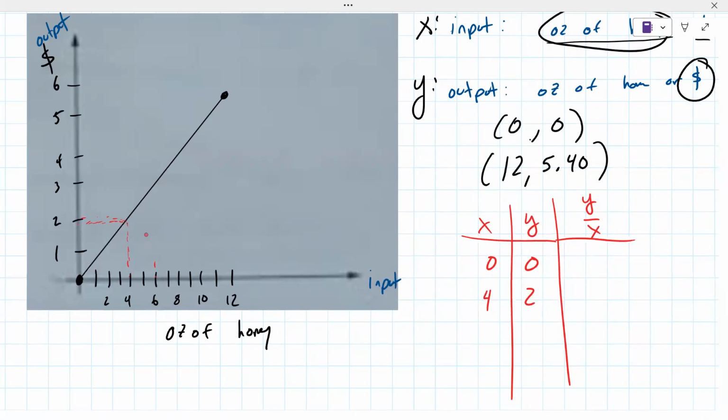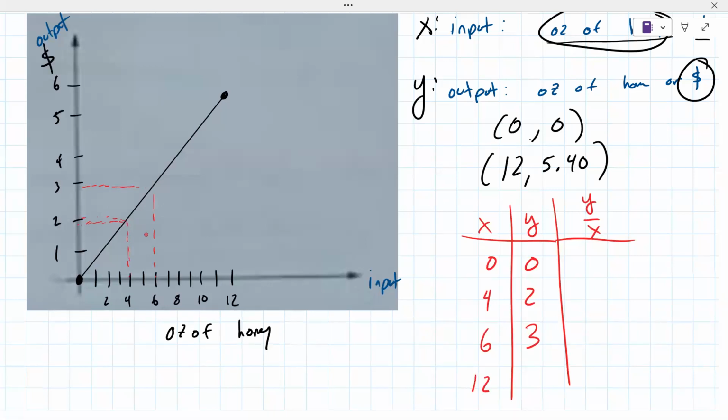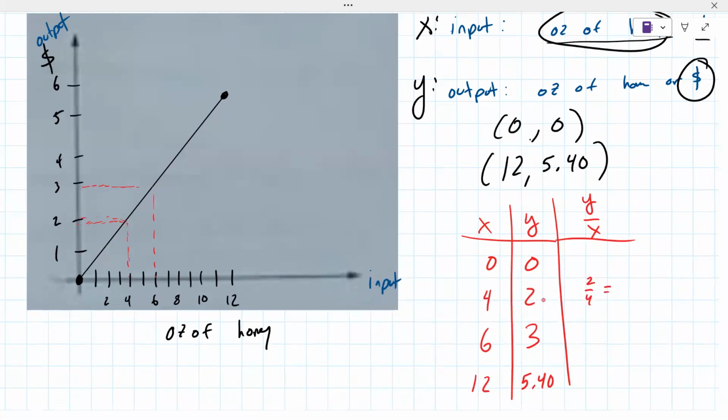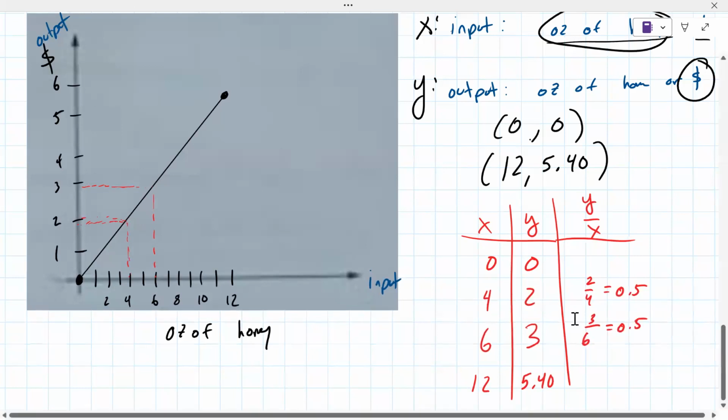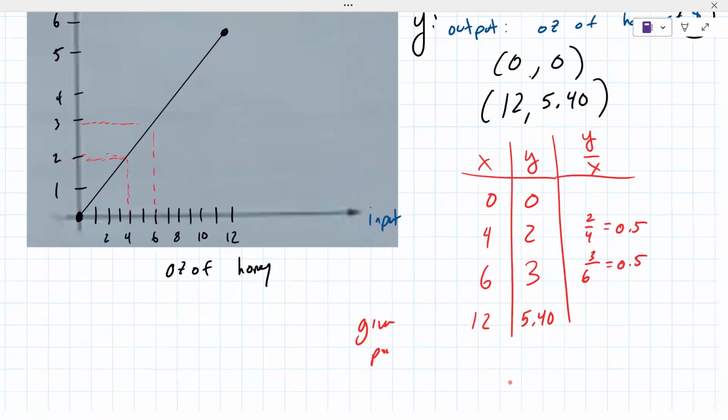How about 6 ounces of honey? $3. Okay, and so you can keep doing this and you get up to 12. We know that 12 ounces of honey costs $5.40. We're going to do these ratios of Y over X. So it's 2 over 4, which is 0.5, 3 over 6, which is 0.5. But the one that we really want is the one with the given point. That's going to give you the slope.